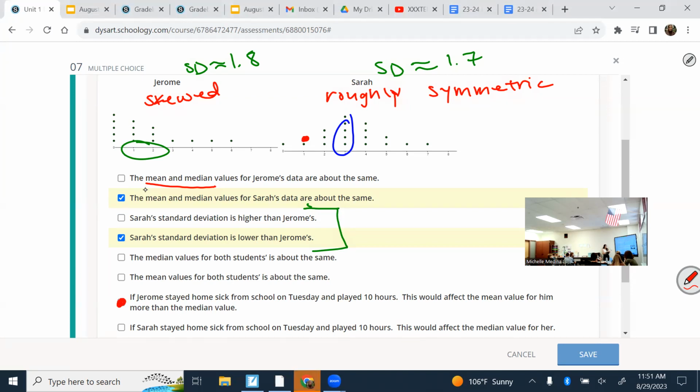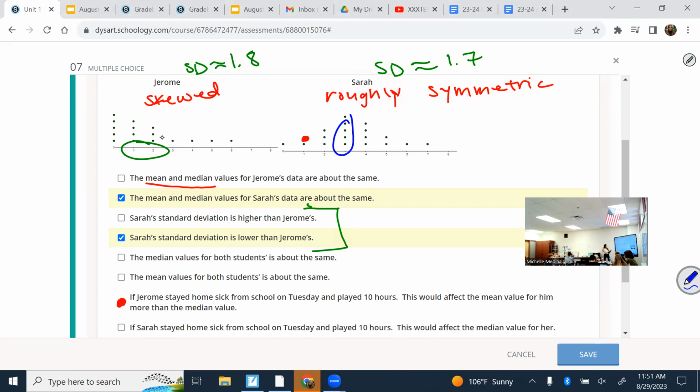Okay, because the mean is very much affected by any outliers. By rule of thumb, the mean is affected by any number that you add or subtract to the data. The median, I could do the math and see. So I have 5, 6, 7, 8, 9, 10, 11, 12, 13, 14, 15, 16.